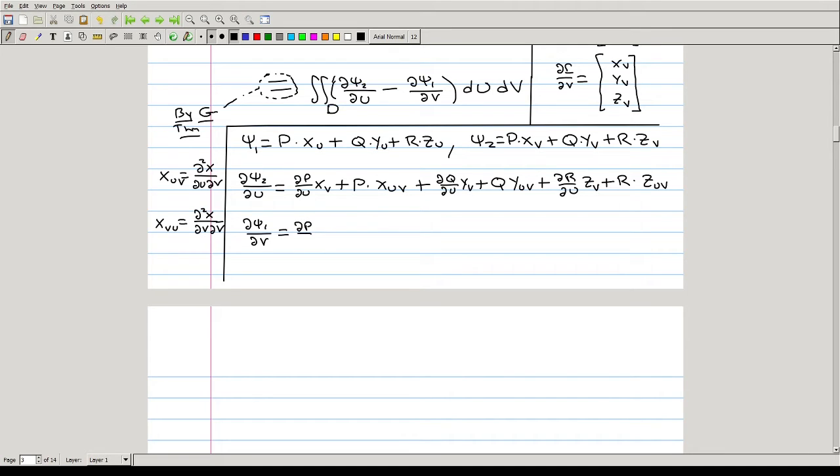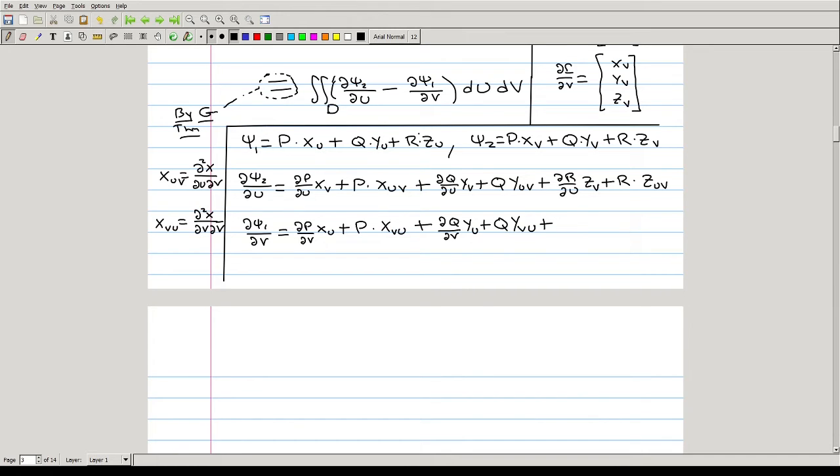So it's partial p partial v times x_u, plus p times the v derivative of this, which would be x_vu, plus the v partial derivative of this, which will be dq/dv times y_u plus q times y_vu.